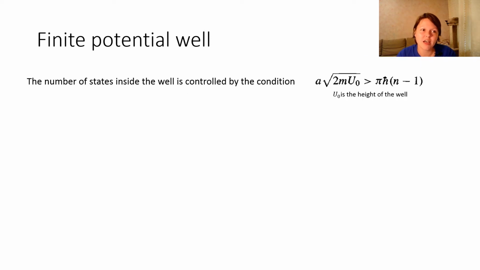As I have just said, the number of states inside the well should be at least one. Because the walls of the potential well are finite and the well has a definite height, the number of states can be determined by this equation, where u0 is the height of the well. Here you can also see the mass of the particle.